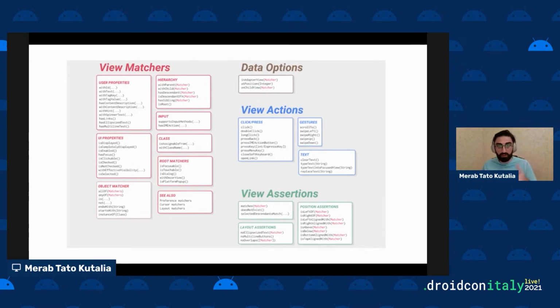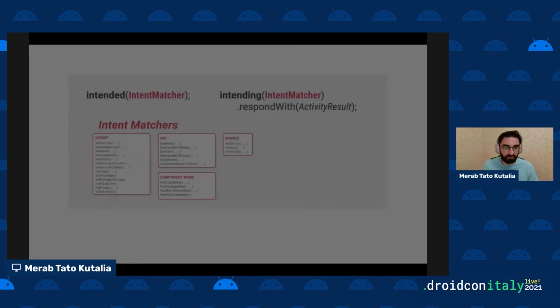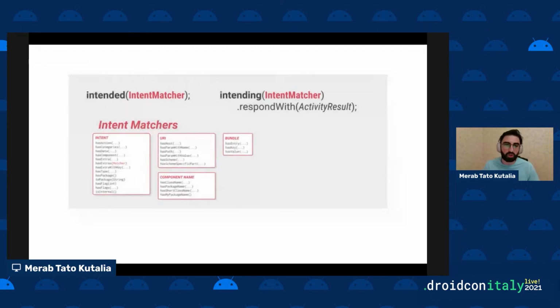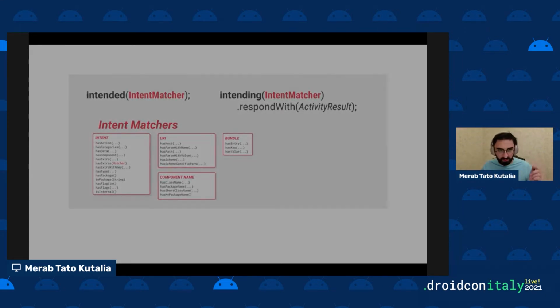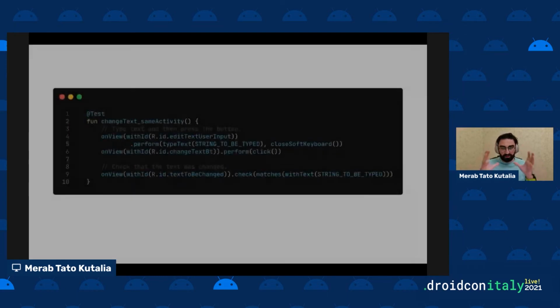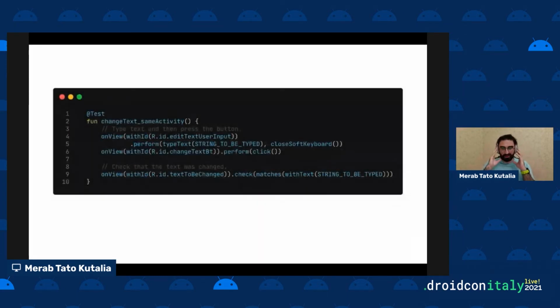And this is not a finite list, so you can add anything you want and extend the functionality. The same goes for the intents as well. So this is a very generic and very basic test, how it looks with Espresso.